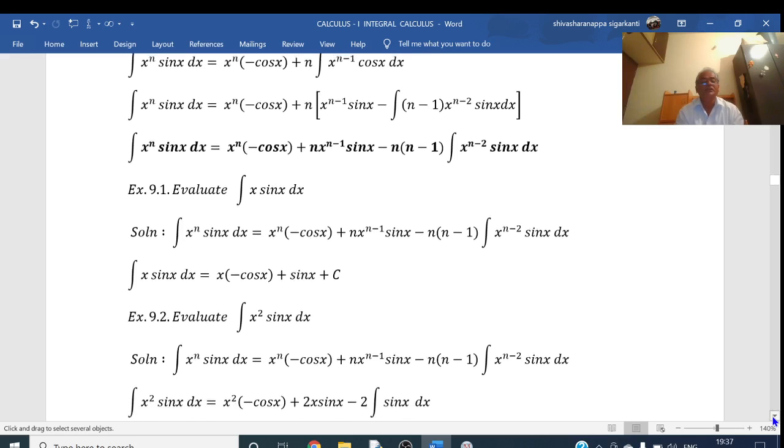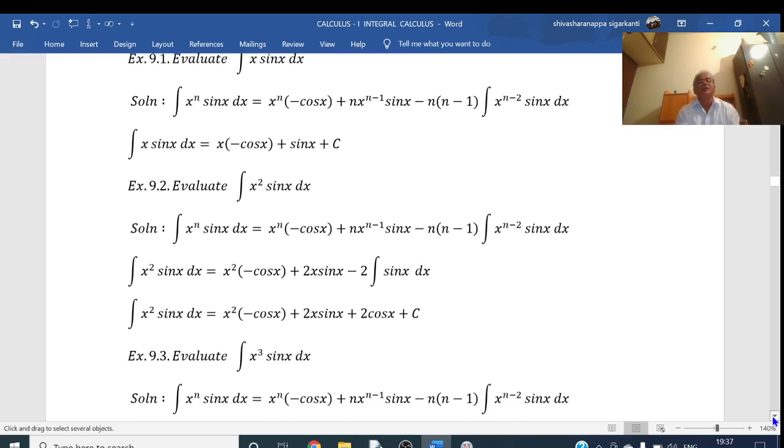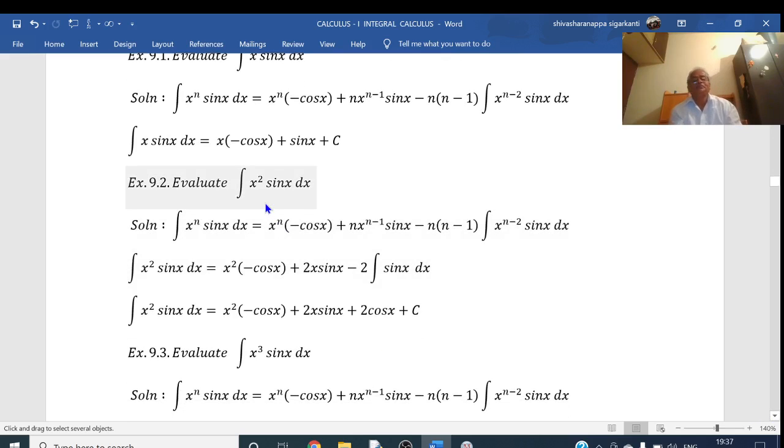Next I will consider another example, x square into sin x. Here n is equal to 2. This becomes x square into minus cos x plus 2x sin x minus 2 into the integration of x raised to 0, which is 1, into sin x, that is the integration of sin x dx.